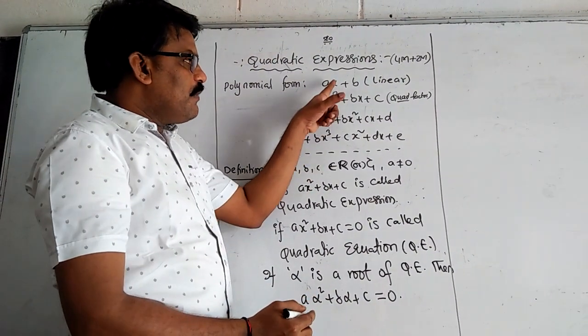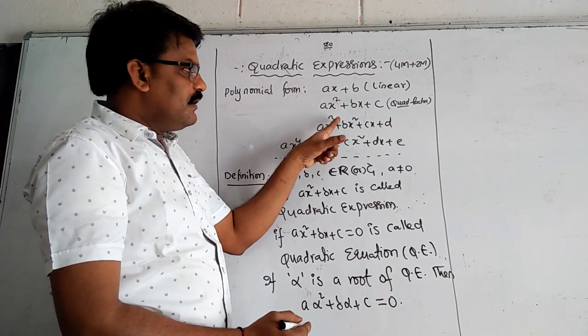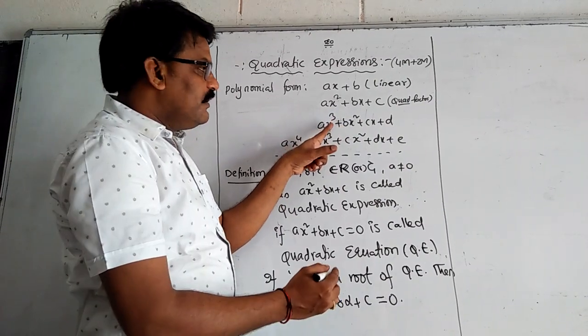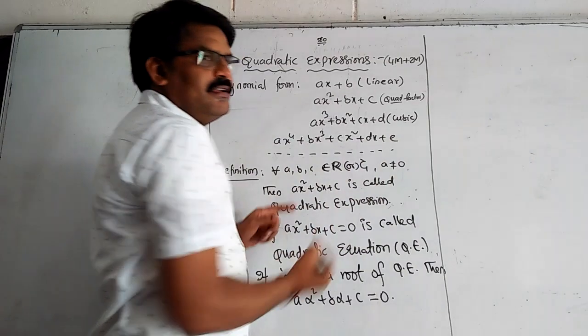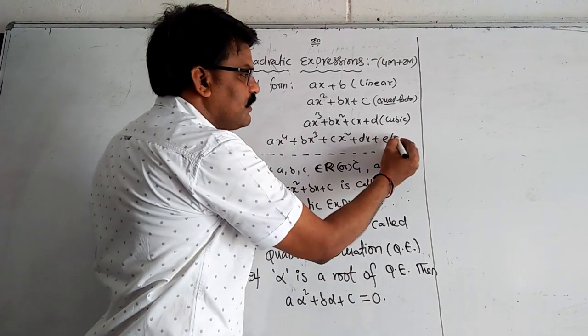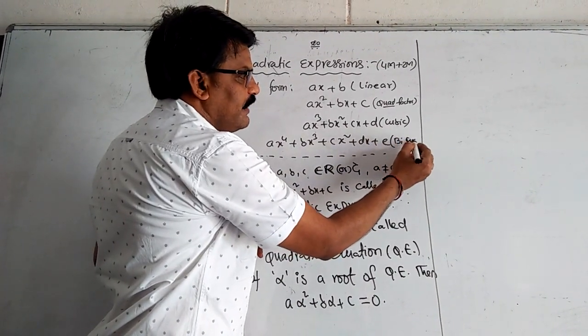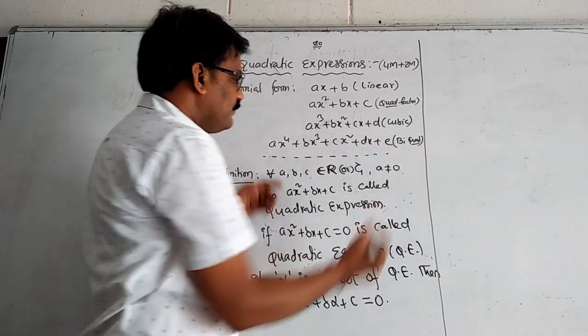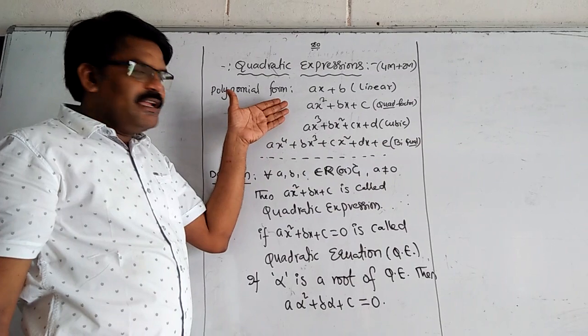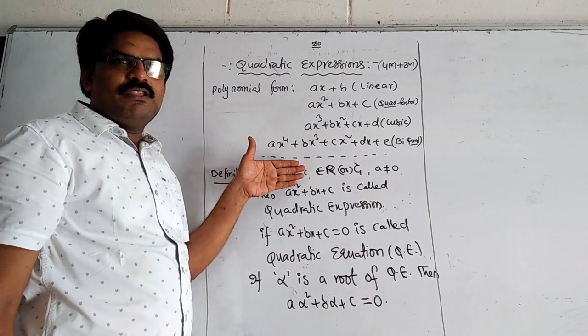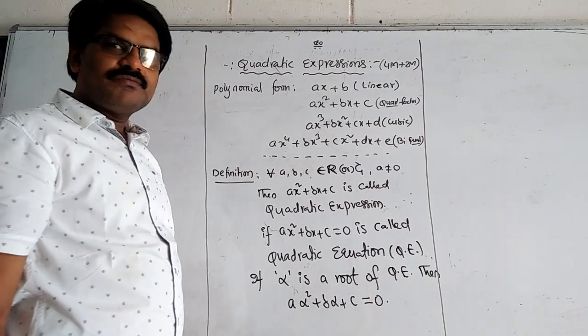When the power of x is increased by 1, it is called a quadratic factor. When it becomes 3, it is called a cubic factor. When it becomes 4, it is called a biquadratic factor. Like that, when the power of x increases, we automatically get higher powers of polynomial expressions.